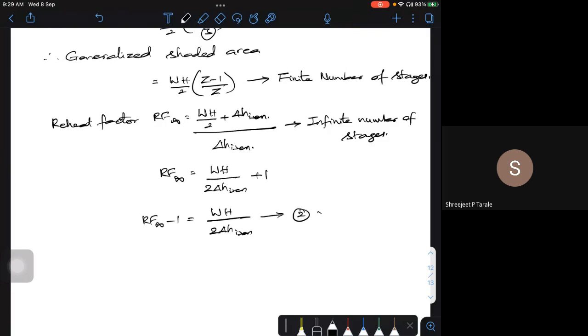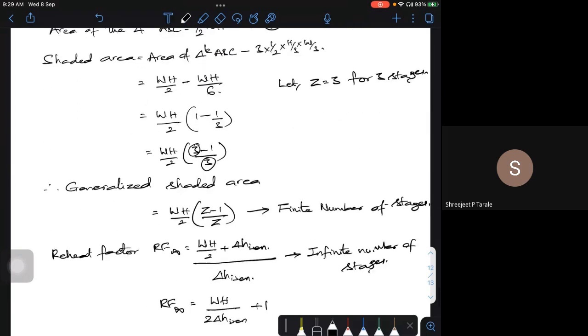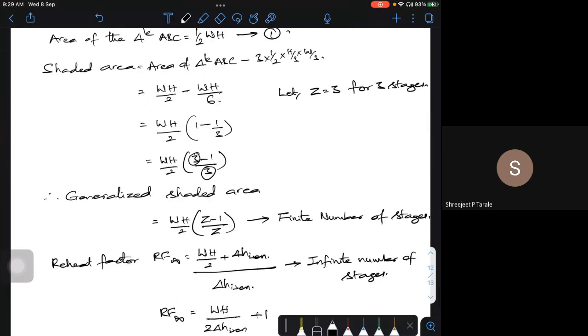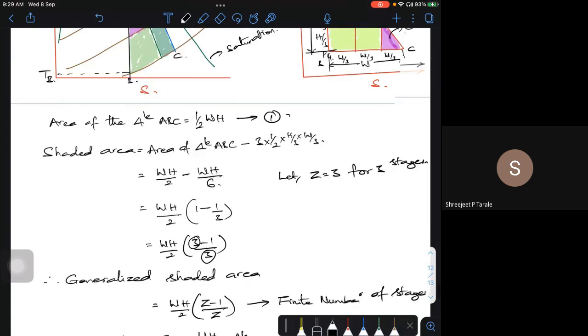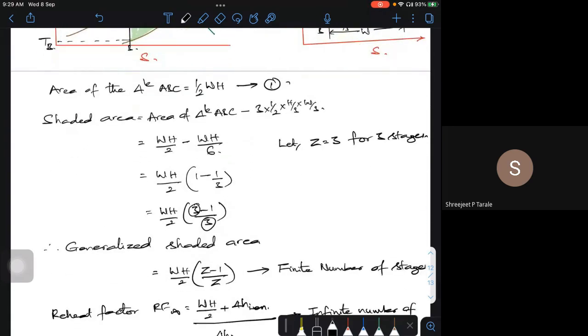Now, if you go back to this particular thing, the shaded area, that's also the reheat factor for finite stages. So the reheat factor for finite stages and the reheat factor for an infinite number of stages. What will it be?